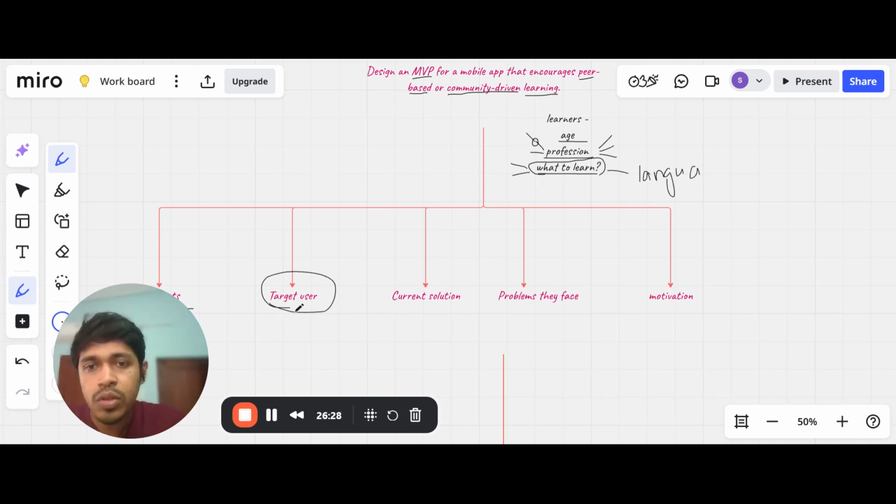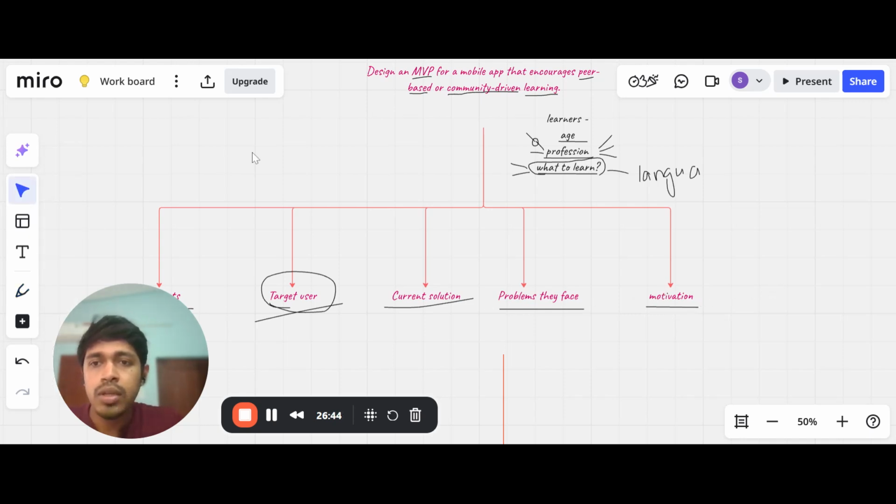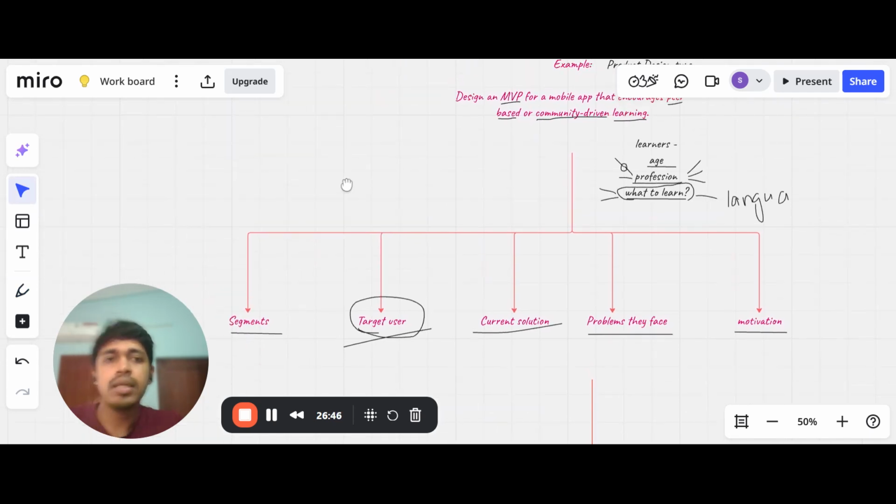Because of that, you have to select one target segment and then think about their current solution, what solution they use, what problems they face, and what their motivation is. So the idea is to not state these items directly.